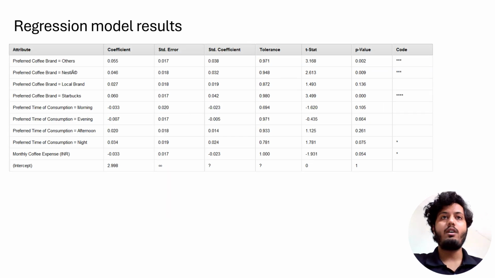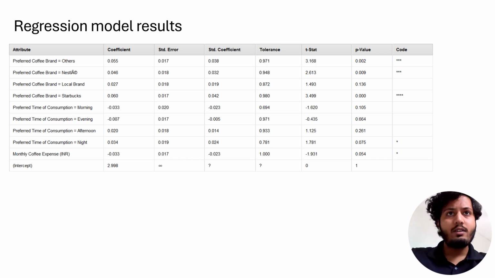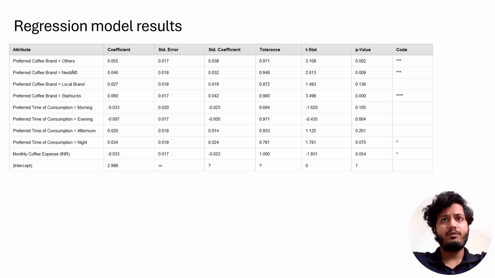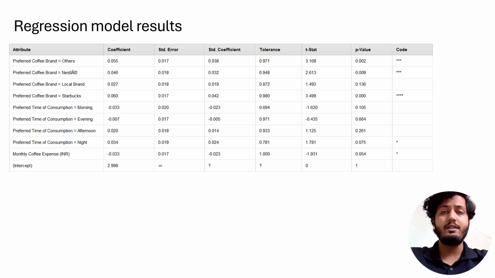Let's see the performance. Okay, so this is the regression tab of the results. We can see the p-values and the star codes for our attributes that were relevant. The preferred coffee brands contribute tremendously in finding which attributes are relevant for the model building.